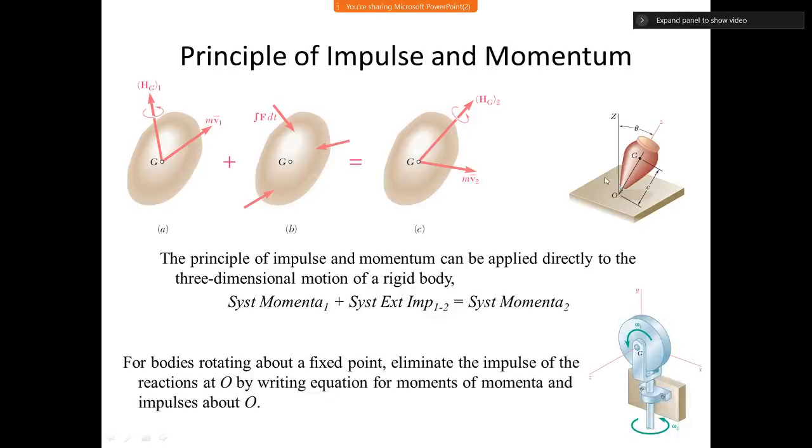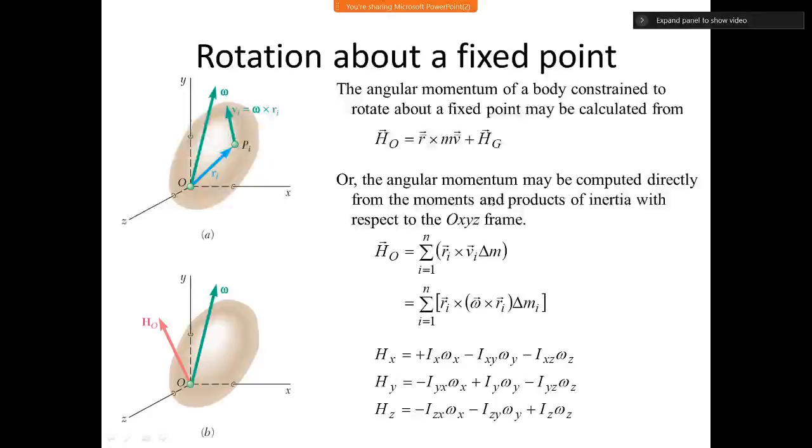These equations can be written, and these are some examples which hopefully we will see in the coming classes, examples of fixed point rotation. For example, this top is rotating about O, and this object is rotating about this axis and also has another rotation. So far in this class we have seen angular momentum.